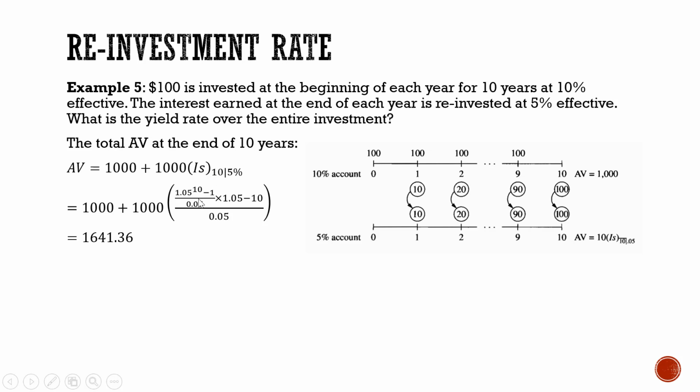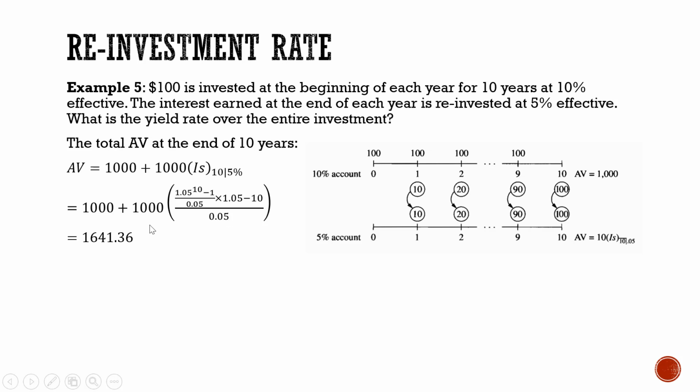So that is s double dot n minus n over i. And s double dot n is (1 plus i)^n minus 1 over d, and d is i over 1 plus i. So i is 0.05 here, 1 plus i is 1.05.